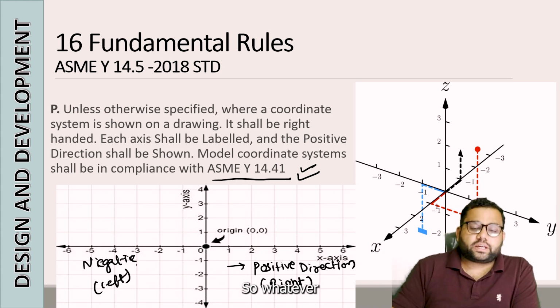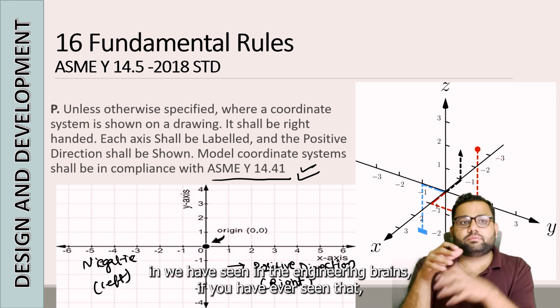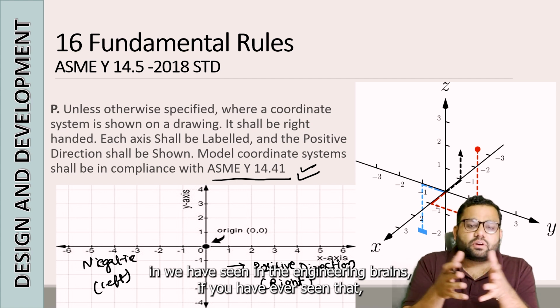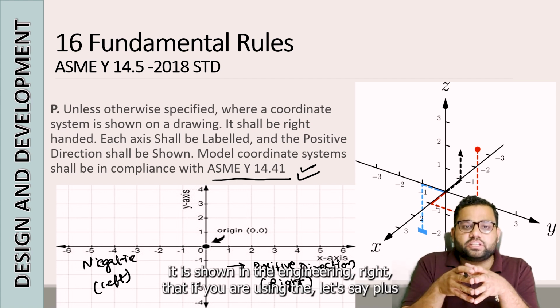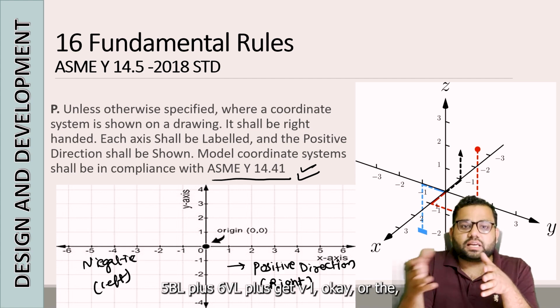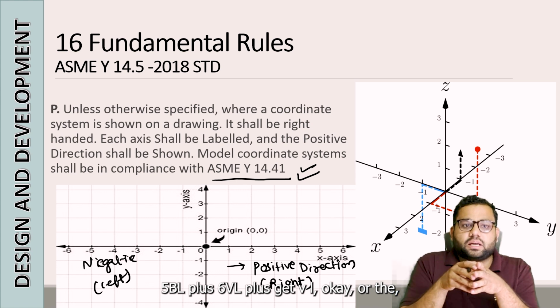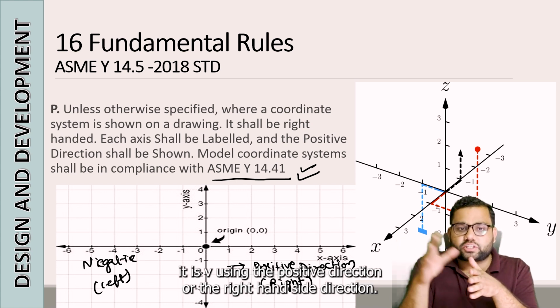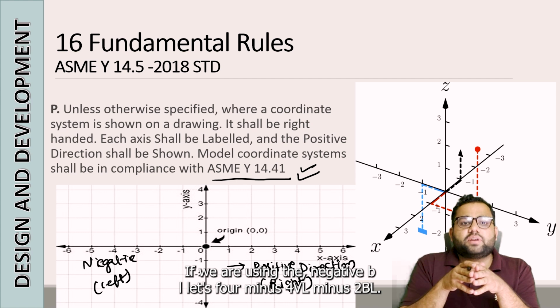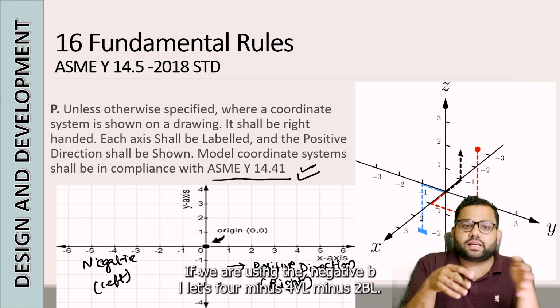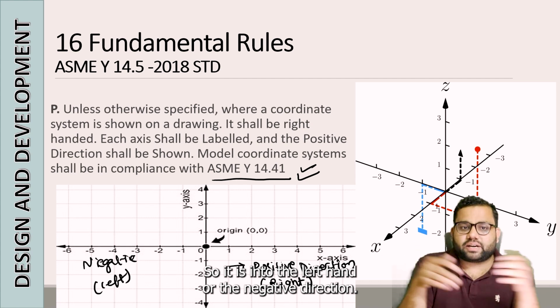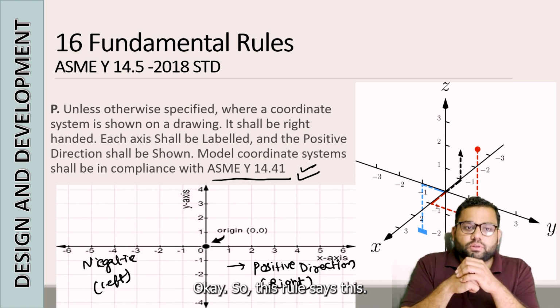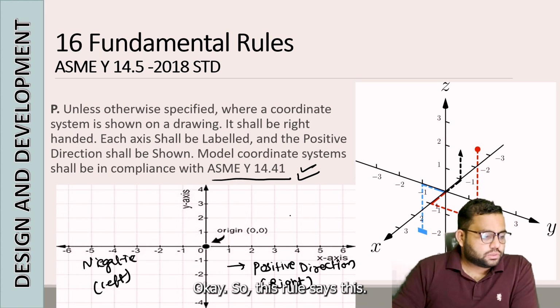In engineering drawings, if we are using, let's say, plus 5 BL, plus 6 BL, plus 8 BL, it is the positive or right-hand side direction. If we are using negative BL, like minus 4 BL or minus 2 BL, it is in the left-hand or negative direction. So this rule says this.